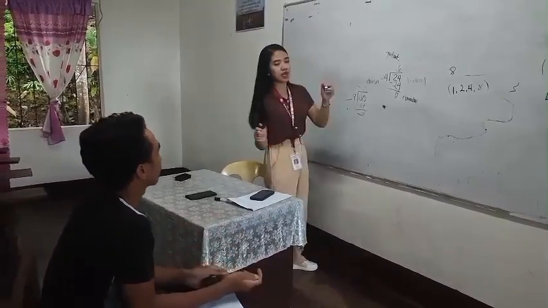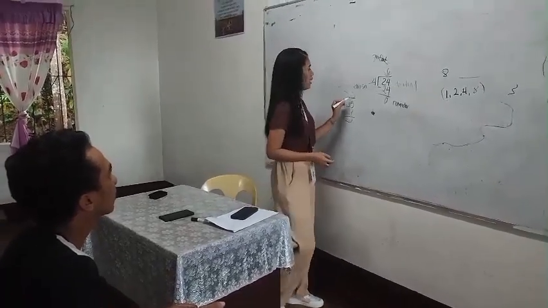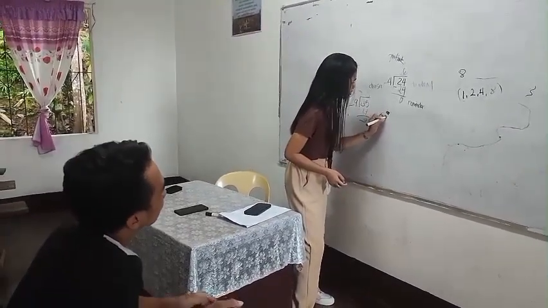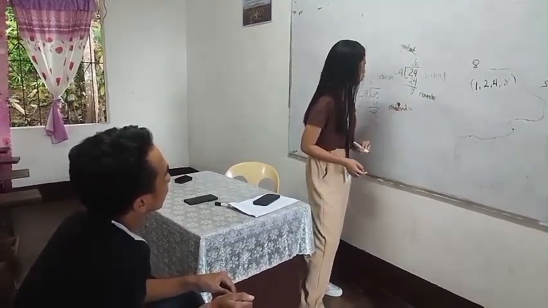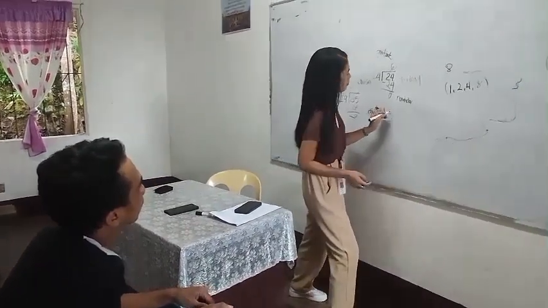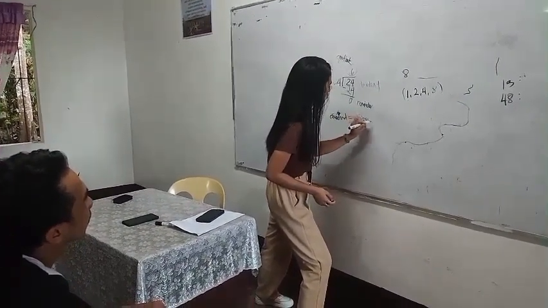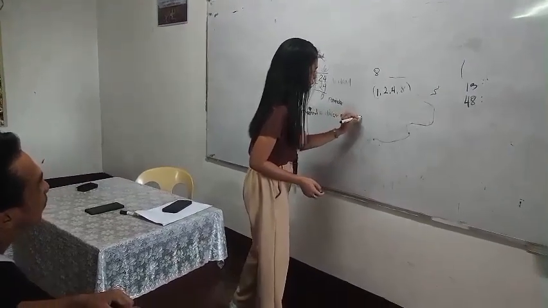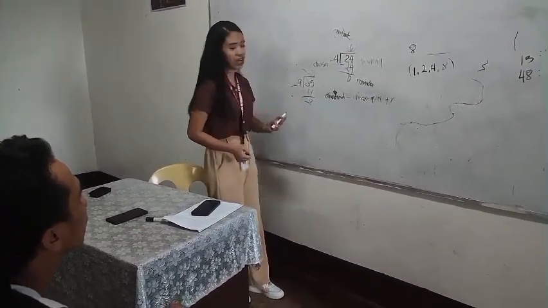Based on our last discussion, we already know how to check the division. The dividend is equal to the divisor times the quotient plus the remainder. This is the formula on how to check our answer.